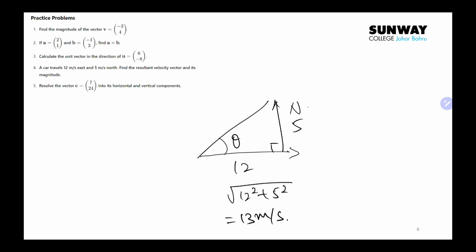This has to be a right angle because east and north are perpendicular to each other. Therefore, you can use tan theta equals 5 over 12, and theta equals inverse tan of 5 over 12. You can press the calculator and get the answer.